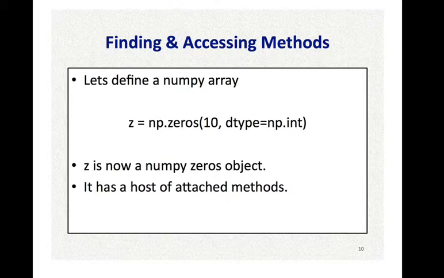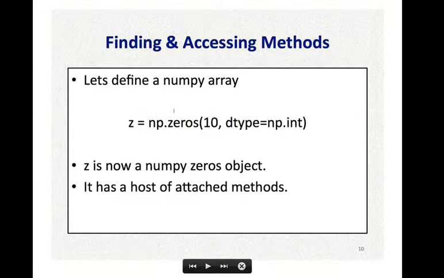So define an object. In this case, we're going to use the np.zeros object, and we call on the np.zeros function. We supply it a couple of arguments. Primarily, we want it to be of length 10, and after that, we want it to be type integer. The zeros API for NumPy will tell us that this is how you're going to call it.